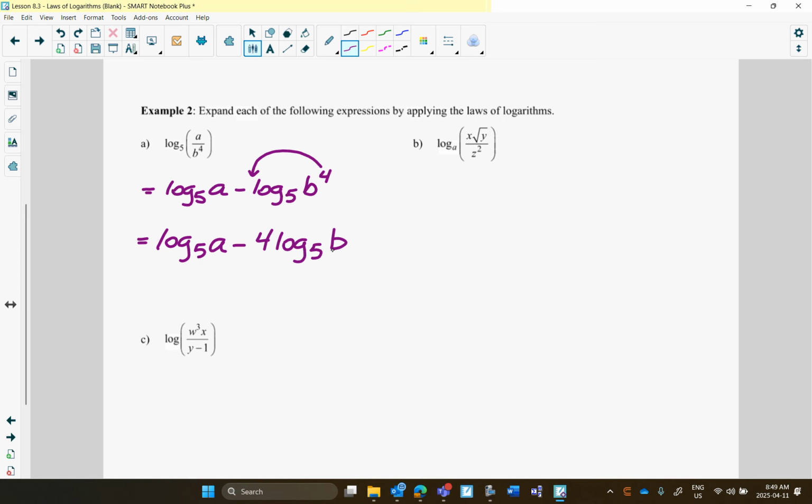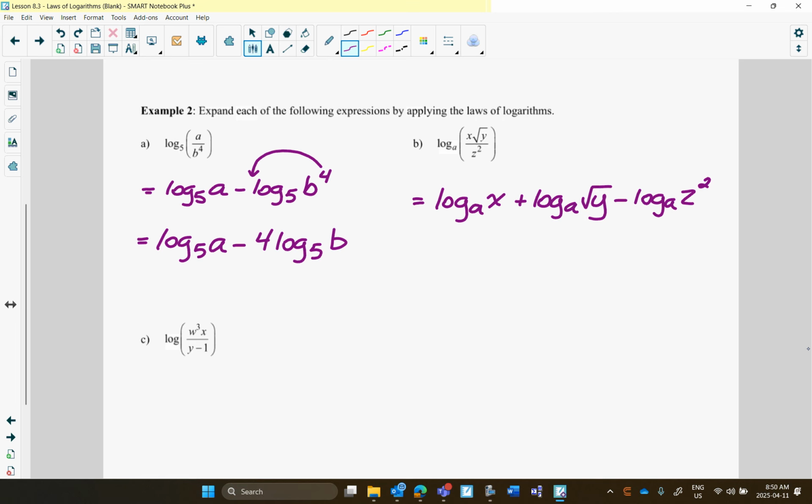For the second one, I'm going to have 3 logs. I'm going to have log base A of X. And then what with the Y, plus or minus? Plus log base A of root y, and then plus or minus log base A of z squared. Take any exponents and drop them in front.